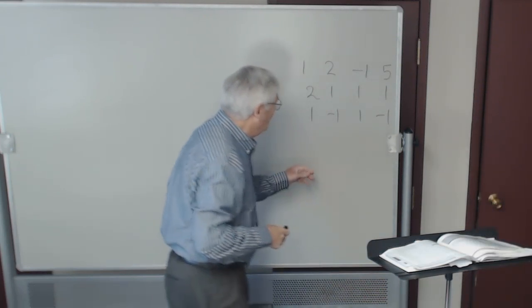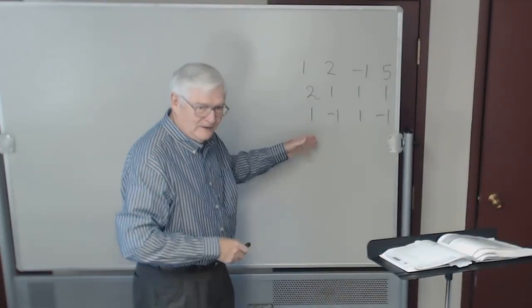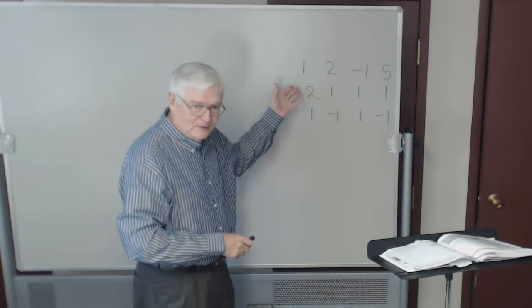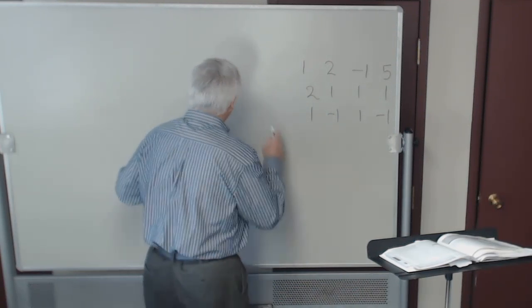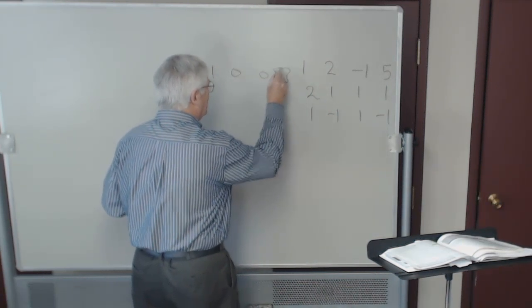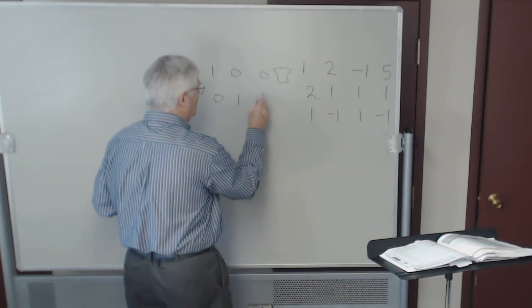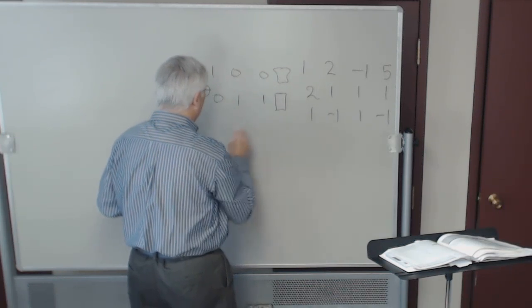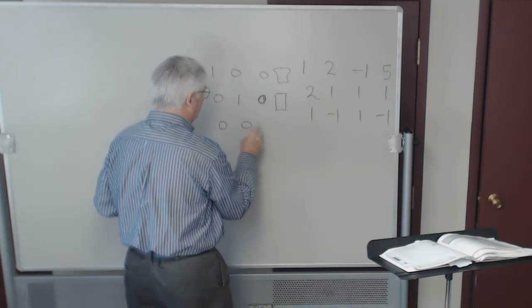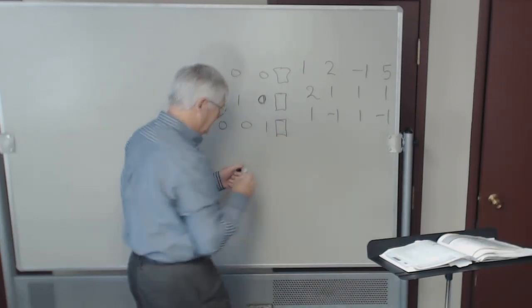And then we'll just mess around with this thing by taking a row times some number, adding it to another, till we get it down to where it looks like 1, 0, 0, something, and 0, 1, 0, something, and then 0, 0, 1, something.